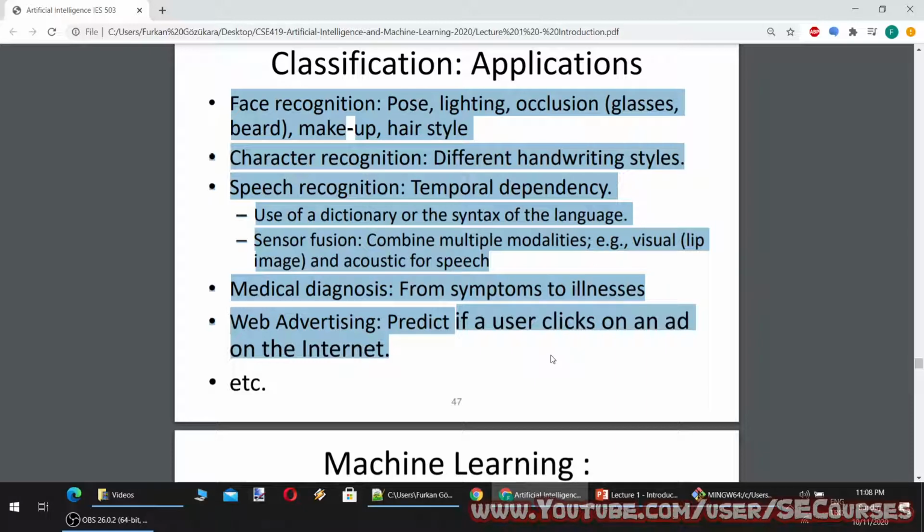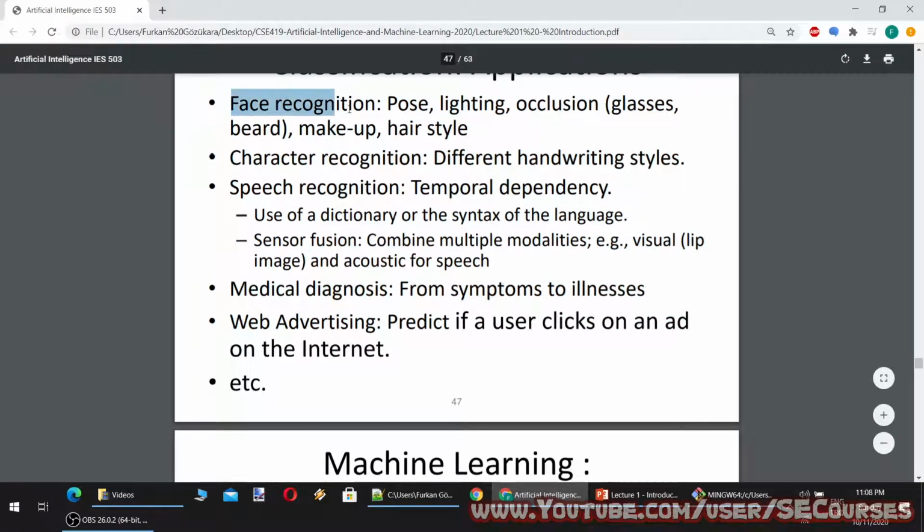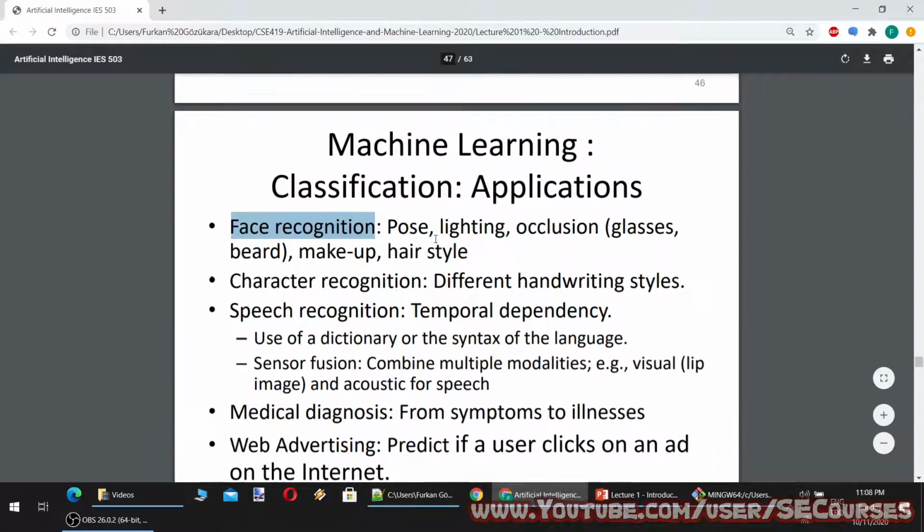Character recognition: different handwriting styles. Speech recognition: temporal dependency, use of a dictionary or the syntax of the language, sensor fusion, combining multiple modalities, e.g., visual lip image and acoustic for speech. Medical diagnosis: from symptoms to illnesses. Web advertising: predict if a user clicks on an ad on the internet.